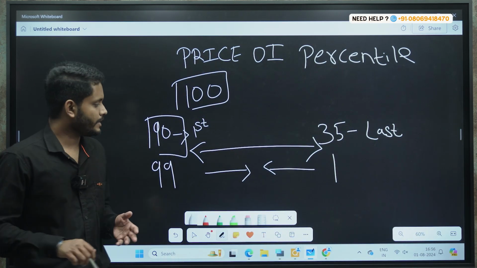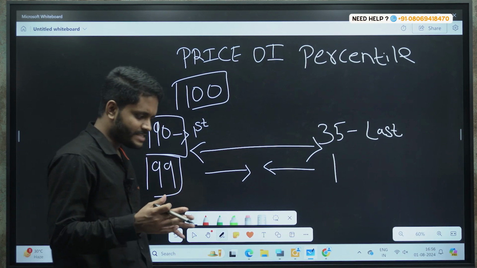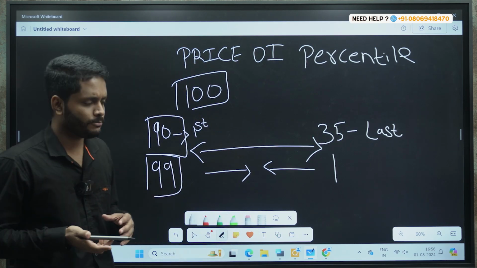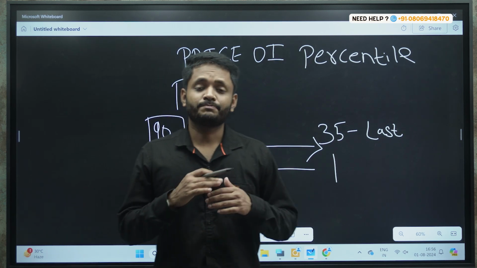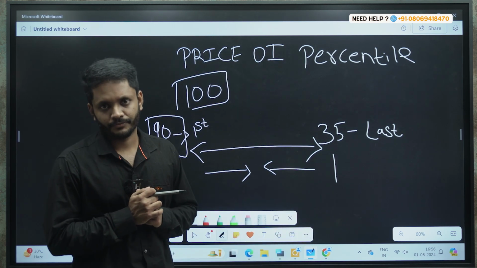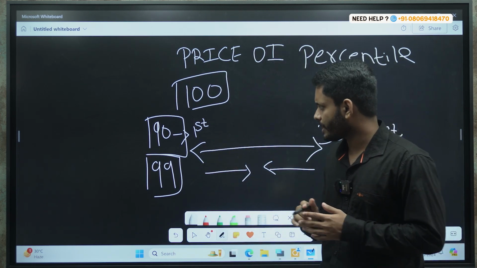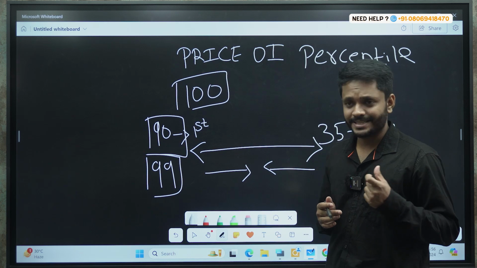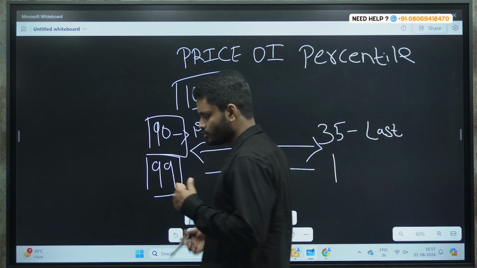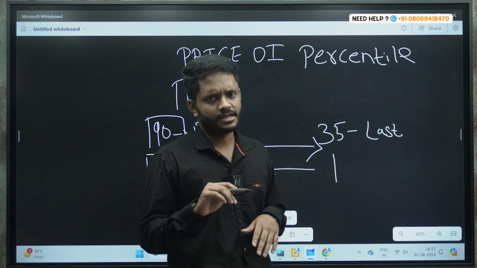Whenever the price percentile is 99, you can conclude that the price is somewhere near its previous high. We will use the same concept in the stock market. Whenever a particular stock's price percentile is 99, the stock is trading near its previous swing high.